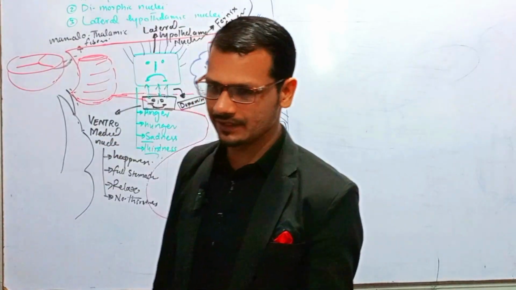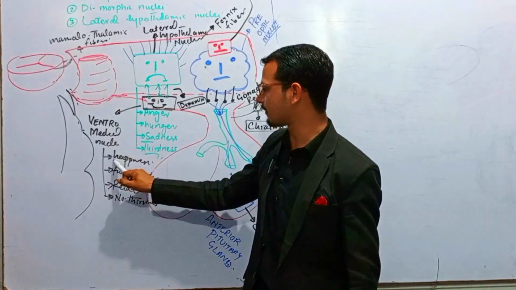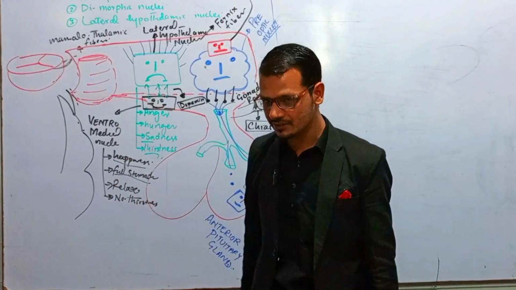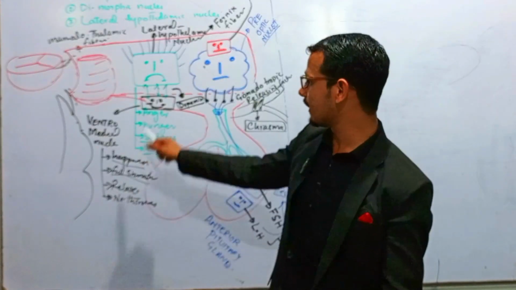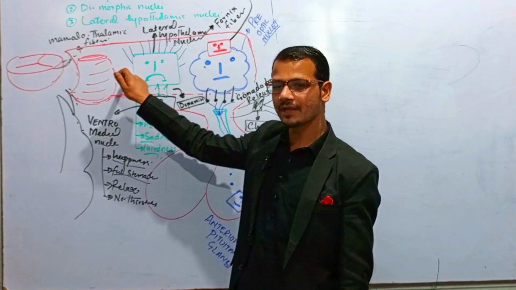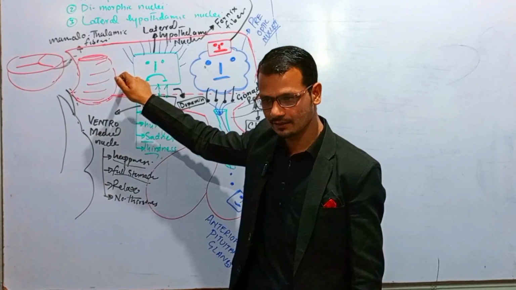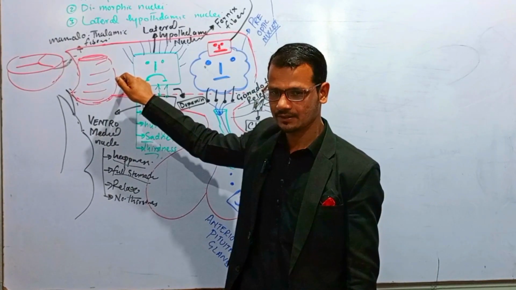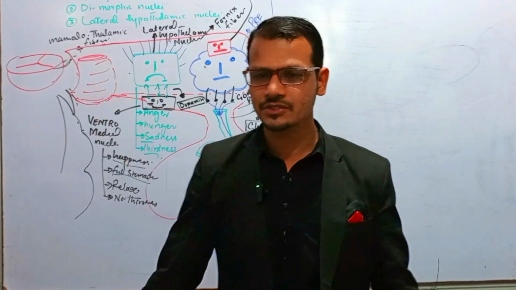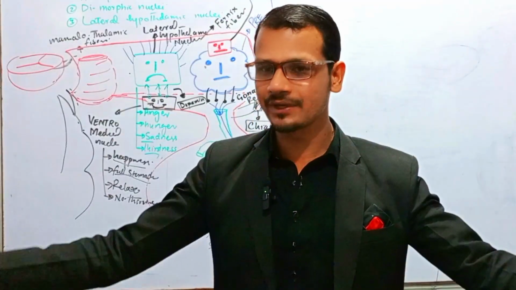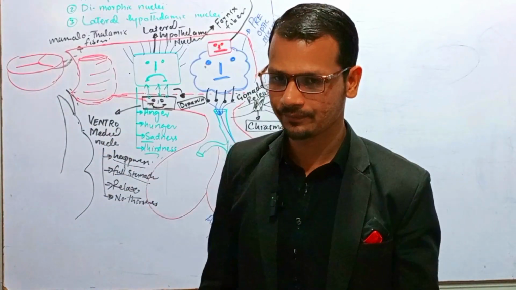We will discuss its medial side, and it is responsible for happiness, a full stomach, relaxation, and when you are no more thirsty. The lateral nucleus gives us the awareness for searching food and water, and the ventromedial nucleus gives us the awareness of how much water you will drink and how much food you will eat, right?